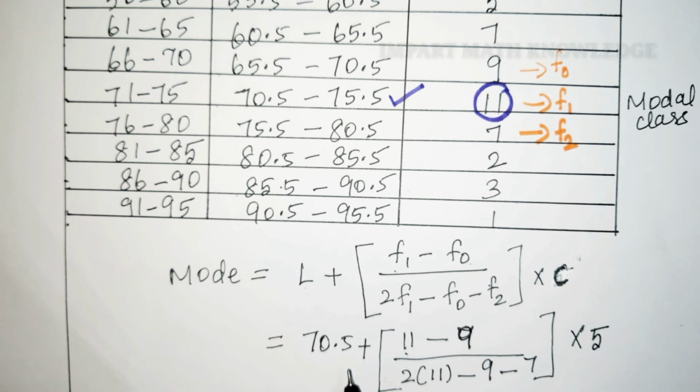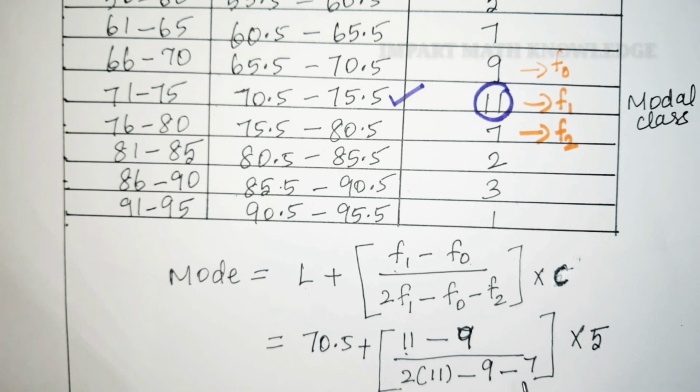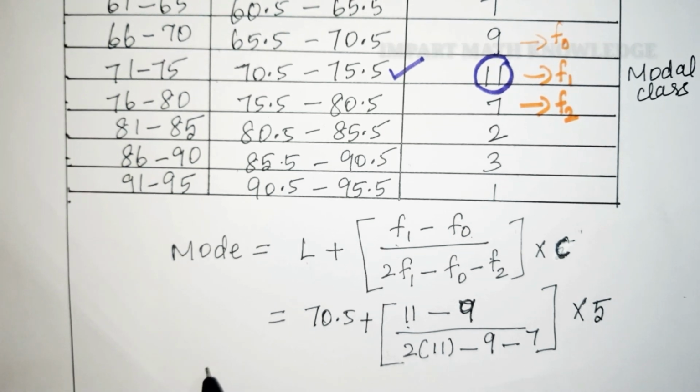So L is 70.5, F1 is the frequency in the modal class, 11, F0 is the frequency preceding the modal class, 9, divided by 2 into F1 minus F0 minus F2, the frequency succeeding the modal class, into the length of the class interval, 5. If you simplify, you will get mode is equal to 72.17.